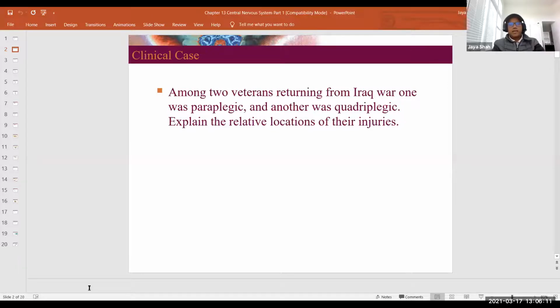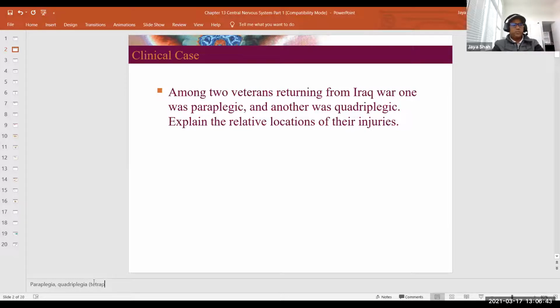This is paraplegia, then quadriplegia. Sometimes with quadriplegia, layman people write it quadriplegia, but doctors and physicians write tetraplegia.